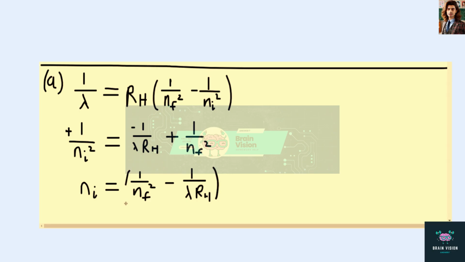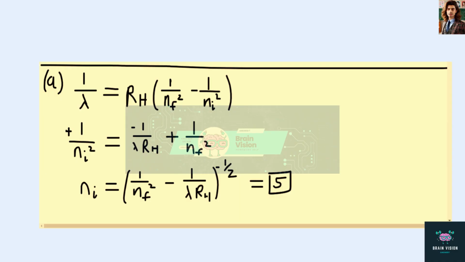And this is all raised to the -1/2 because we raised it to the -1 to get it out of the numerator and into the denominator. And then we took the square root, which is the same as raising it to 1/2. So carrying out this operation, we find that n sub i is equal to approximately 5.